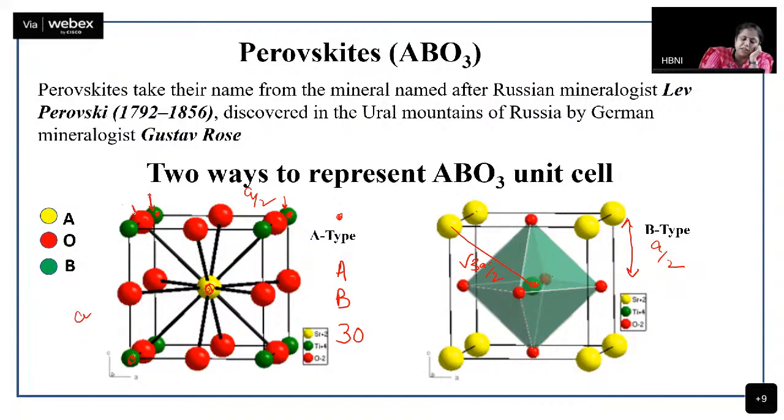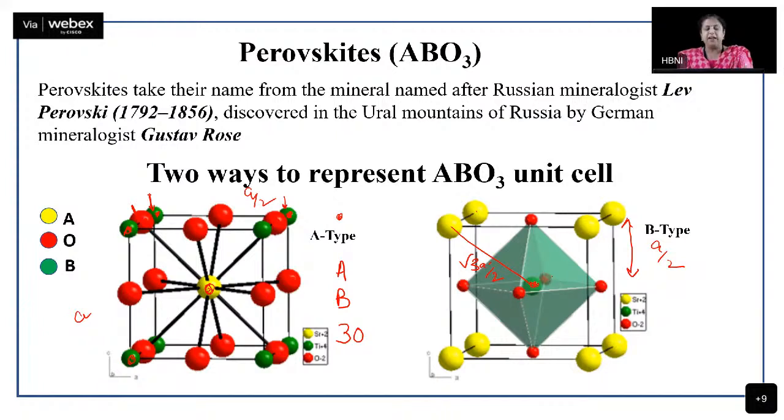This oxygen is one of its corners, and this oxygen is associated with this green ball. Similarly, if you try to imagine it 3-dimensionally, I can describe my ABO3 structure in terms of space filling polyhedra as a corner sharing 3-dimensional network of BO6 octahedra.